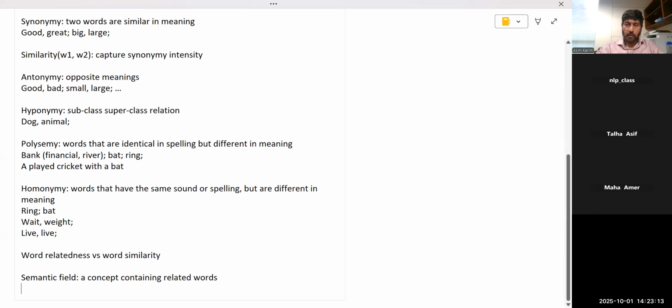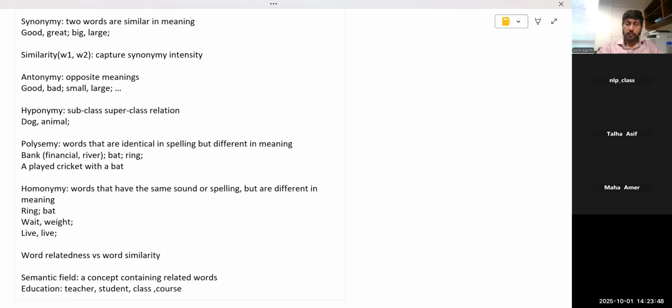So for example, if you talk about the concept of, let's say, education, so this is a concept education, in this, words will be related. For example, teacher, student, class, course, all these words now belong to the semantic field of education and they have some relatedness. They may not be synonyms, they may not be antonyms, they may not be other things, but they have this relationship according to this concept of education.